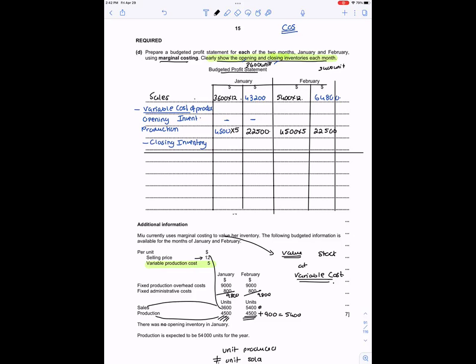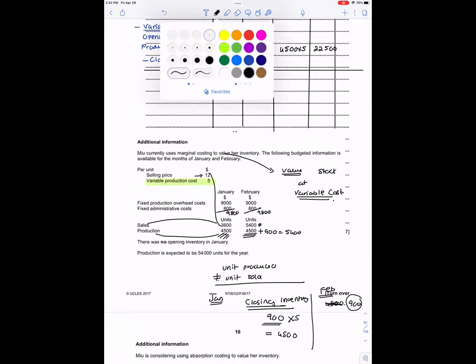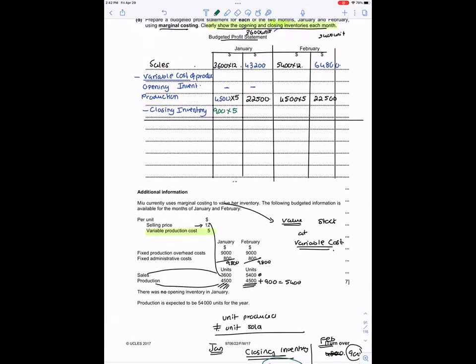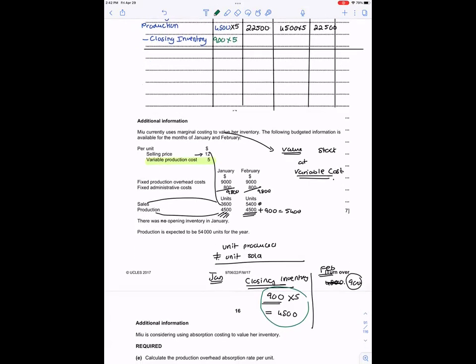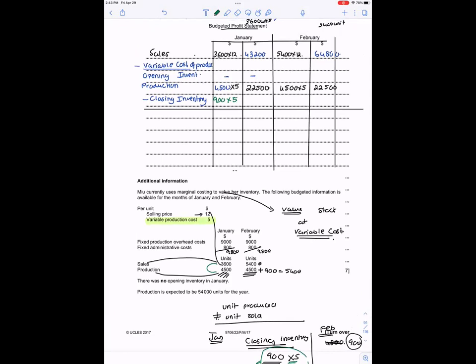Are you all with me? Is there closing inventory in January? There is closing inventory in January. It is 900 units. I compared the number of units produced with the number of units sold. And in marginal costing, I take only the variable costs while valuing inventory.